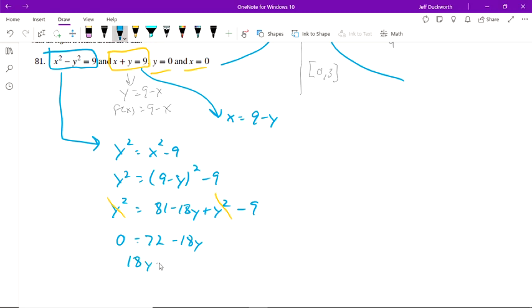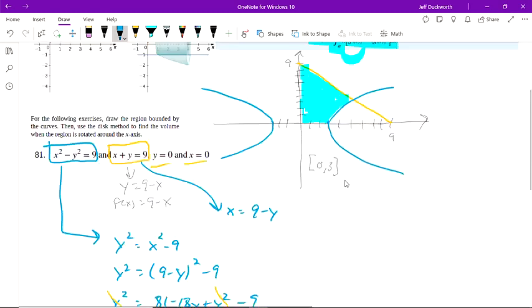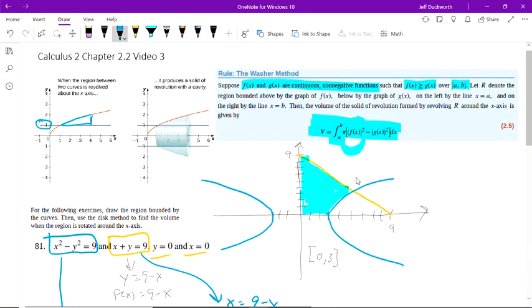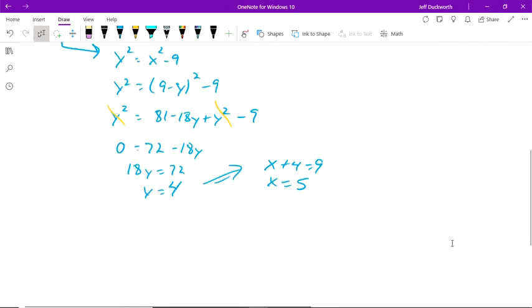So 18y equals 72, which means y is equal to 4. So if y equals 4, that means we have x plus 4 equaling 9 from our f of x, which means x equals 5. So this point here is the point 5, 4. I don't know that we need the 5, but we certainly need the 4.